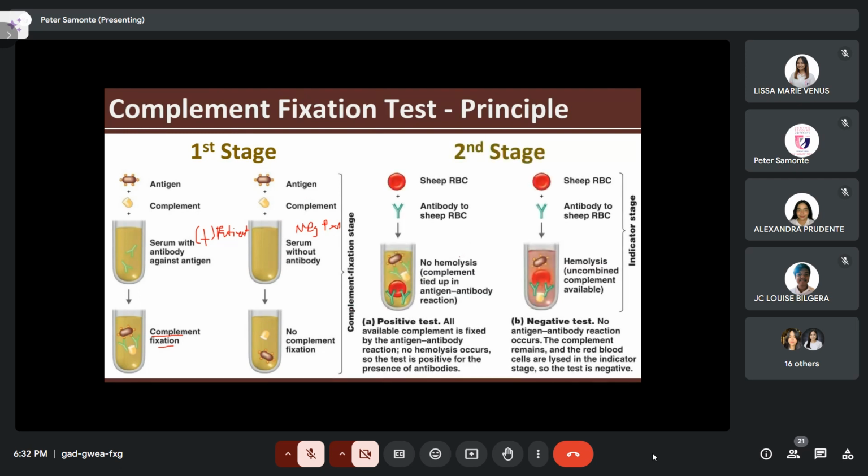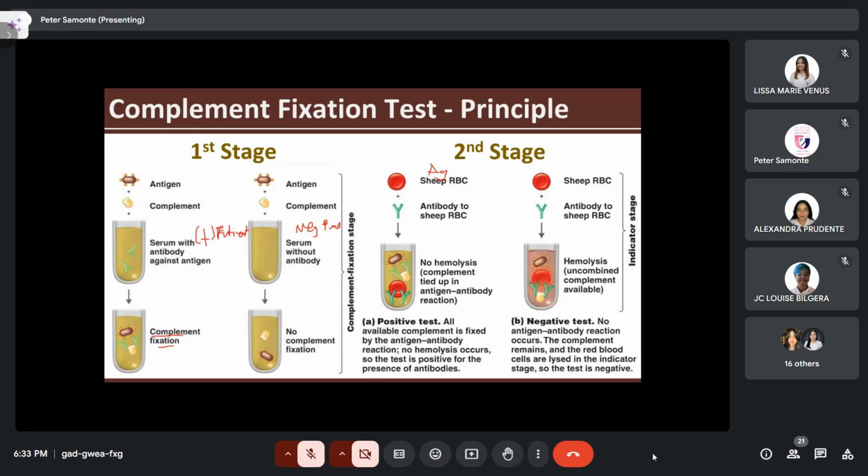Ito, para mas maintindihan ninyo pa, class. So in this type of case, ang reagent ninyo that you're going to use as an antigen is your sheep RBC. Now you add your antibody to the sheep RBC. If there is no hemolysis, the reason for no hemolysis is that your complement is fixed to the antigen-antibody reaction.